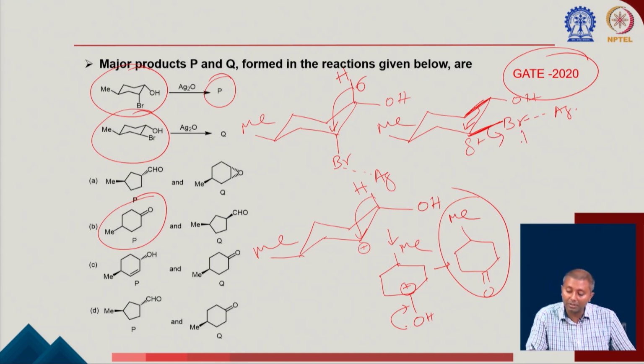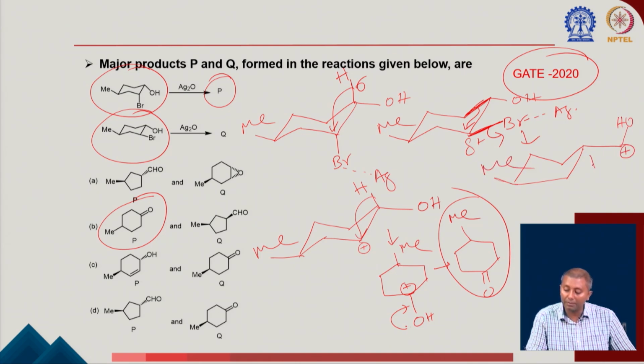That can end up in the formation of, you can think about, so this bond is going to attach here, here it is going to form an OH with a positive charge, and we have a methyl here.